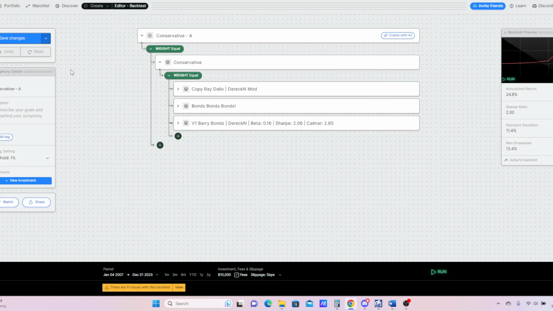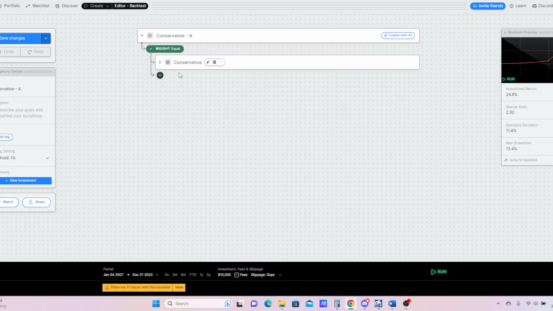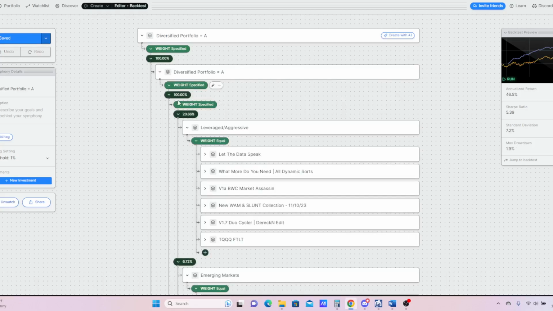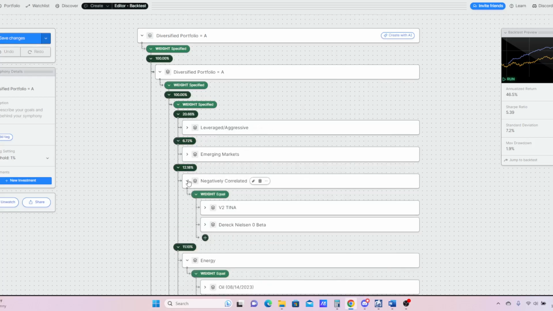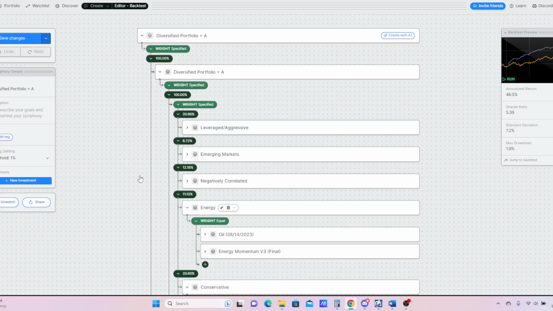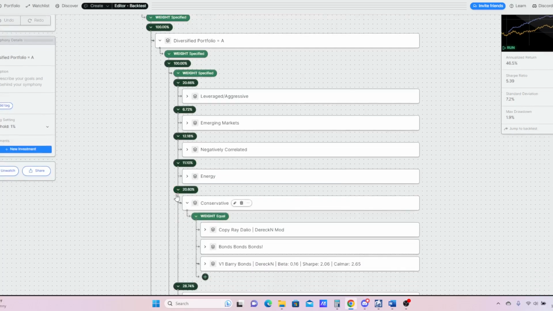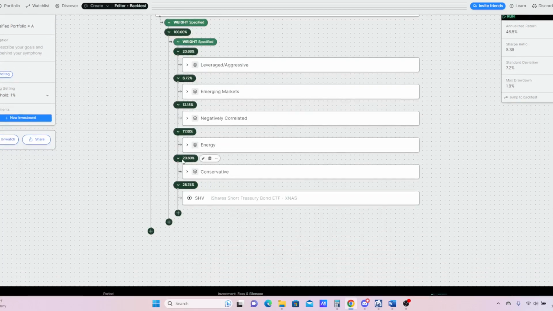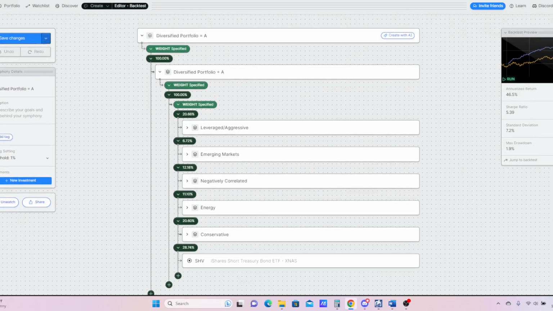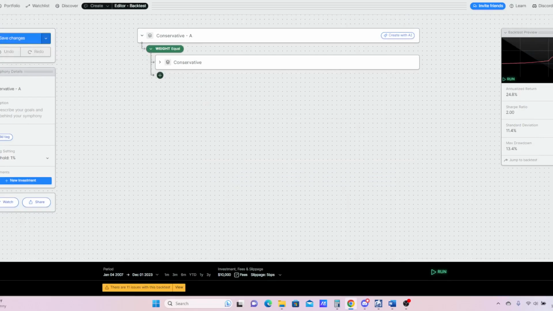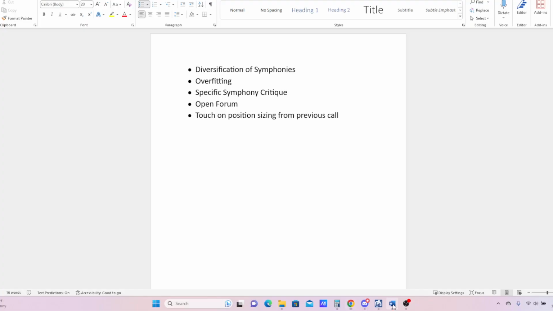So what I do is, if I'm going to add this to a master, like you can see in here, let me collapse all these so it'll be easier to track. Okay, so I have 20.6% allocated to the conservative portion. The way that I come up with that number is my rule, let me jot it down here.